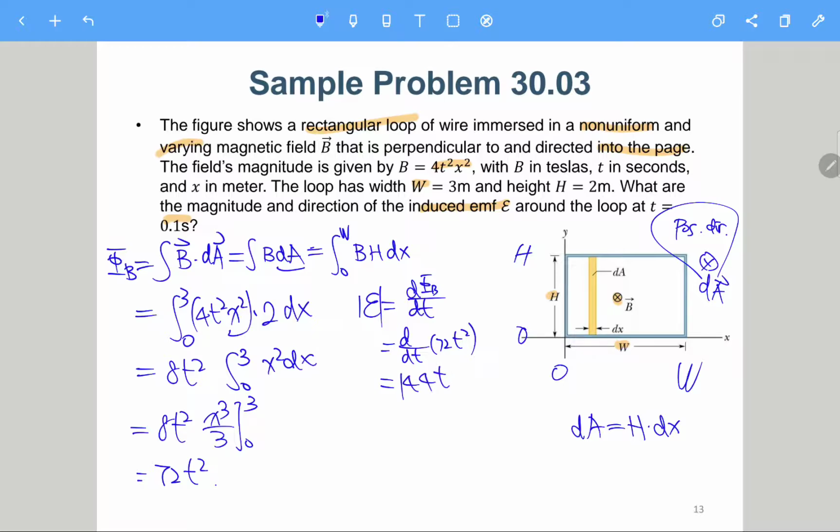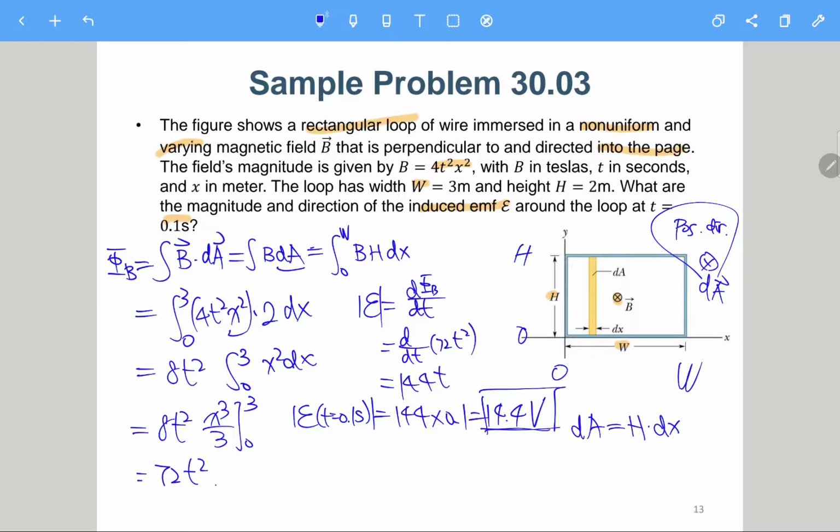And finally, what we need to find is the EMF evaluated at t equals 0.1 second. So it is 144 times 0.1, which is 14.4 volts. So this is the induced EMF.